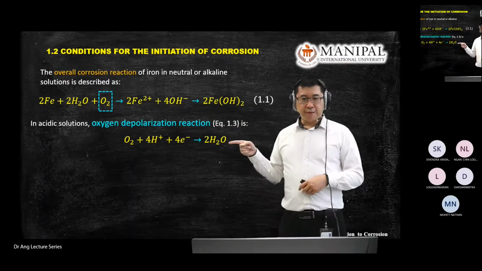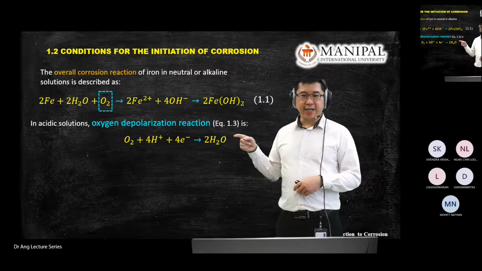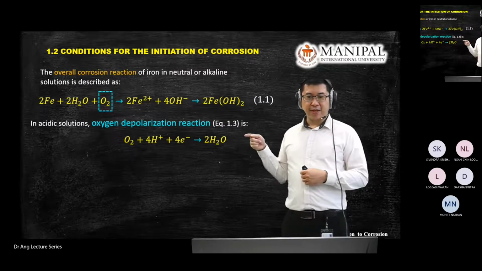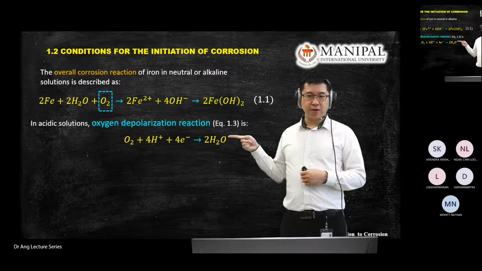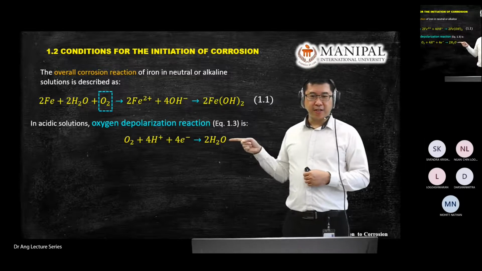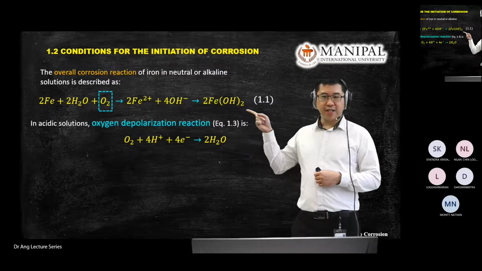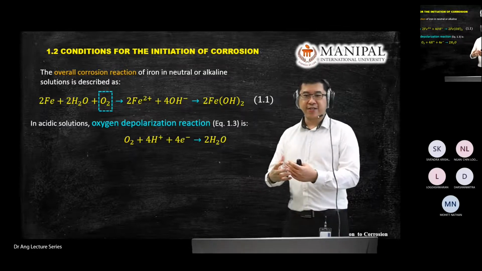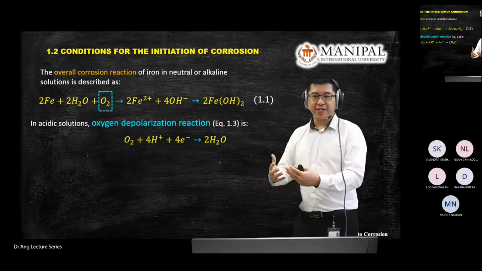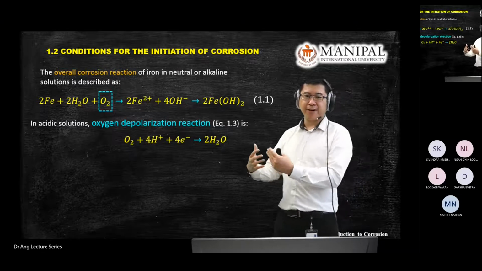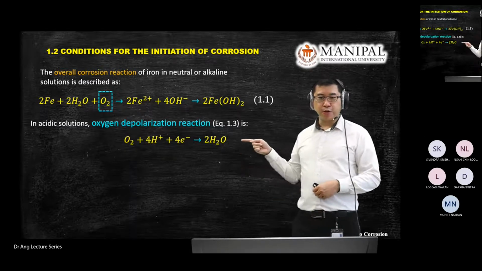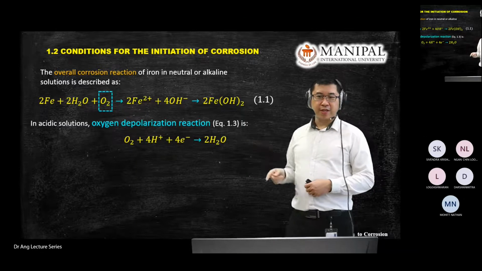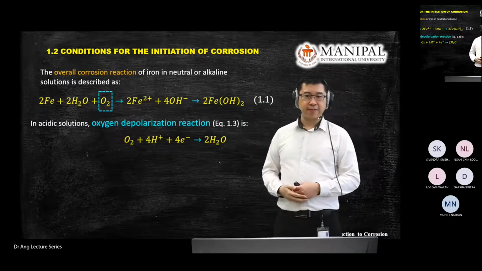So if you have an acidic environment, you are contributing water, H2O, in the corrosion process. It means you enhance, you encourage the corrosion to happen faster, because you are producing water for the corrosion process.